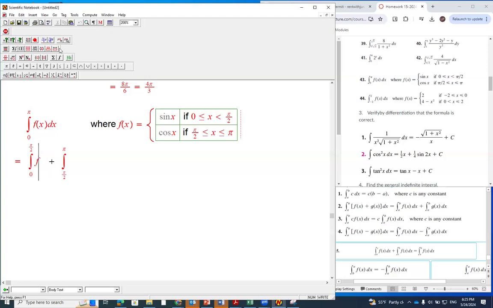Here I can still put f of x, even though on this step you could, dx plus, don't forget dx. The other one is f of x dx.